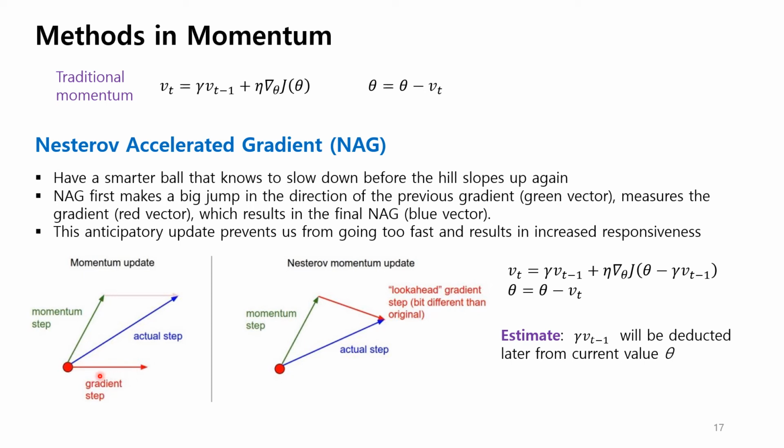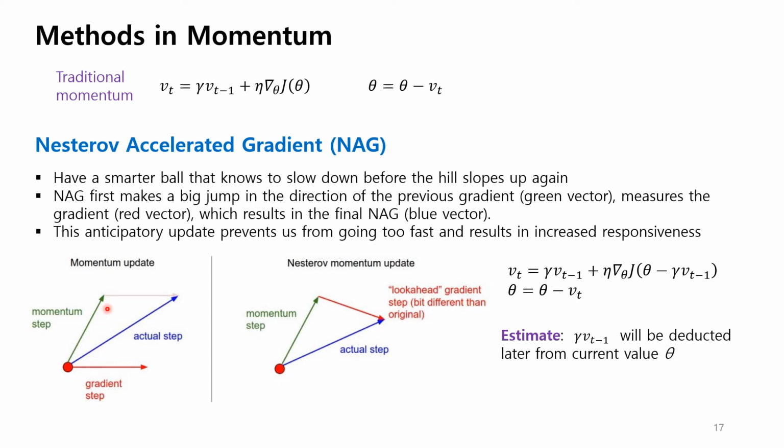So instead of calculating the gradient here, you follow this momentum first, and then you calculate the gradient at this point. Which makes more sense, because if the error surfaces of this place and this place are quite different, then calculating the gradient here doesn't make sense. So that's the basic idea of NAG.